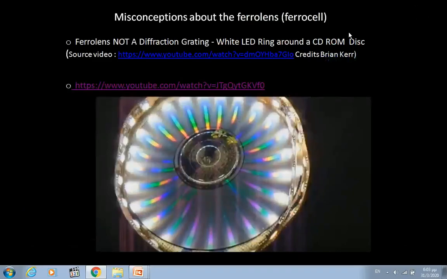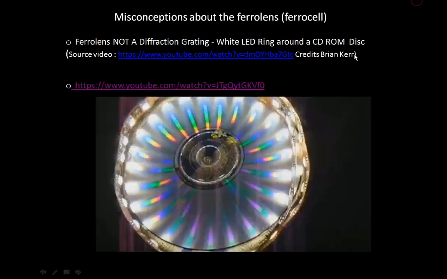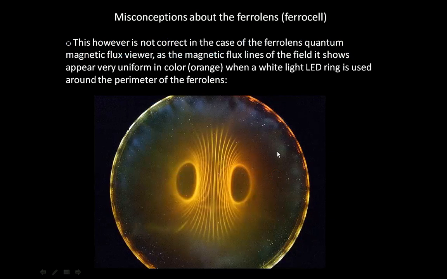Okay, so continuing. I believe that's the case. And why? Because now here we see the actual display from a ferrolens, and why a white LED is used on the perimeter of the ferrolens, and we get these characteristic orange color lines when a magnet is placed, of the field of the magnet.